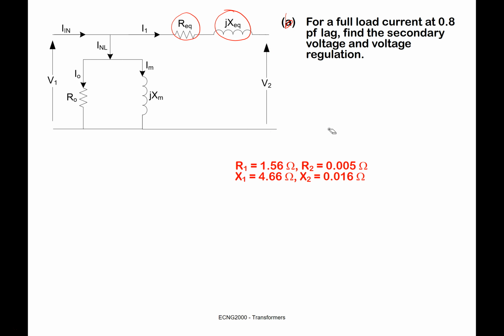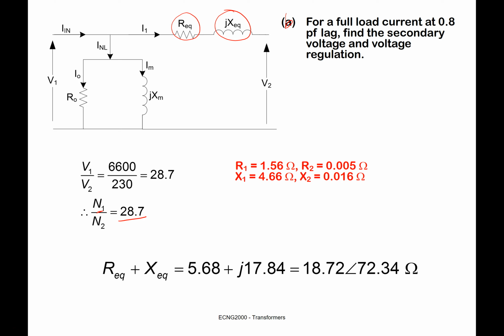So I know R1, R2, X1 and X2, and what I need to get is the turns ratio. So the turns ratio is 6600 on 230. Remember, 6600 is the primary, 230 is the secondary. I'm going to go from the secondary to the primary, from N2 to N1. So N1 goes on the numerator, and my ratio there is 28.7.